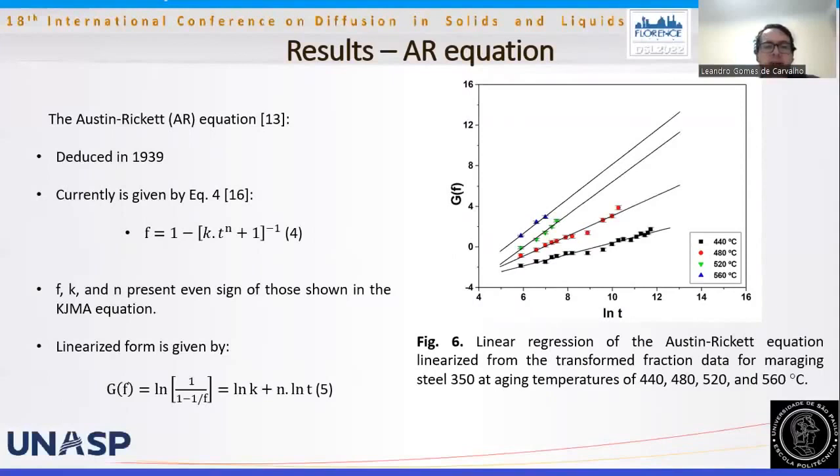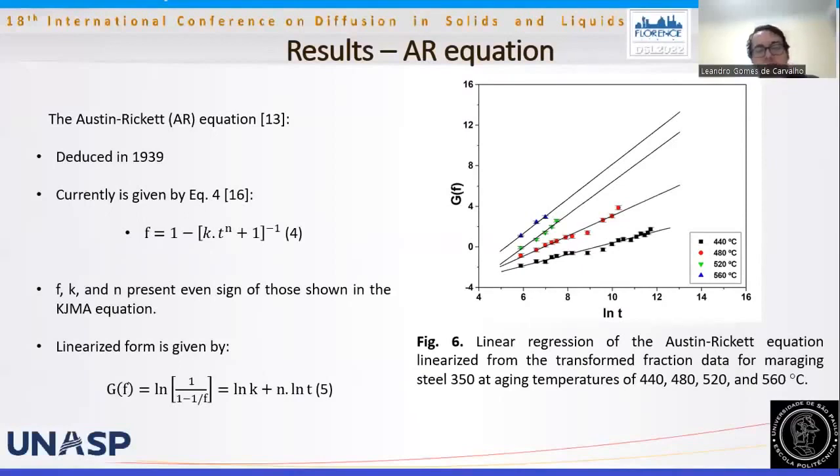Later, Lin and King and Starink suggested that the impingement could be implied, so that the transformed fraction follows the Austin-Rickett model currently given by equation 4. F, K, and n present the same meaning as those shown in the KJMA equation. Equation 5 shows this model in the linearized form as a function of the transformed fraction.